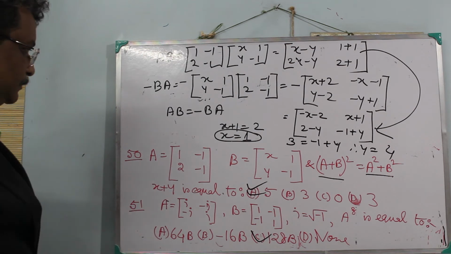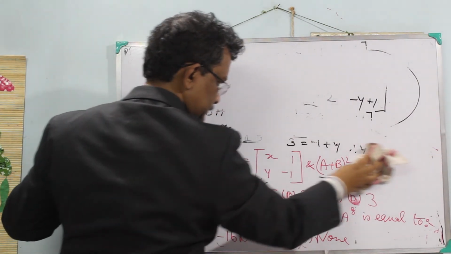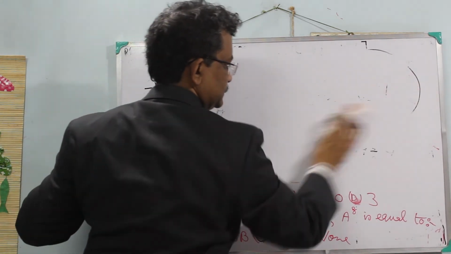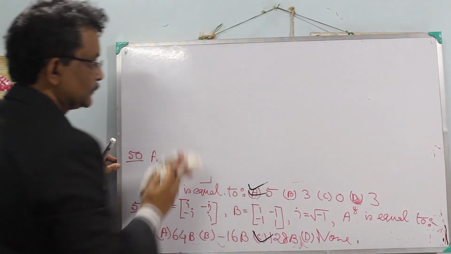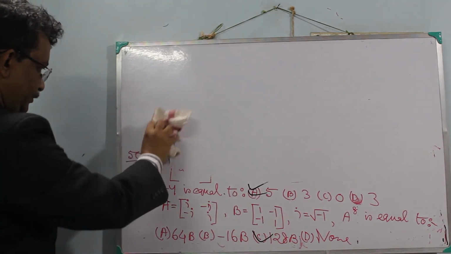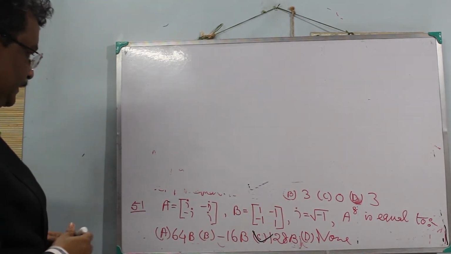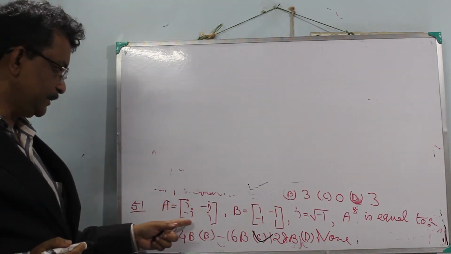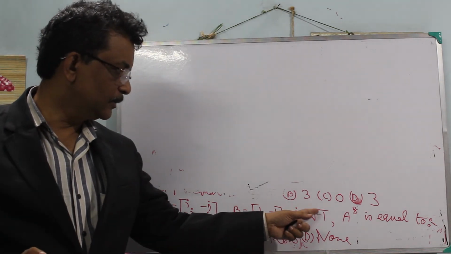Now this problem is also a good problem. What does it say? 51. A is equal to i, minus i, minus i. i is root over minus 1.